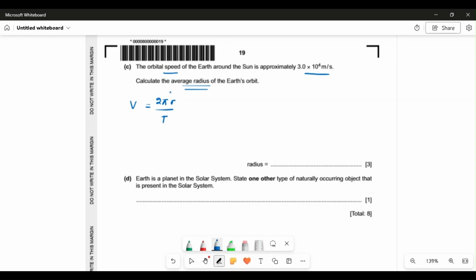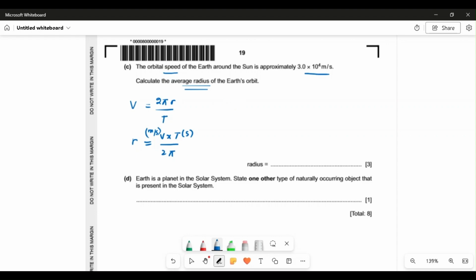So if we need to find r, we can rearrange it as v times period T over 2 pi. Here v is always in meters per second, time should be in seconds, and 2 pi is a number, so r will be in meters.